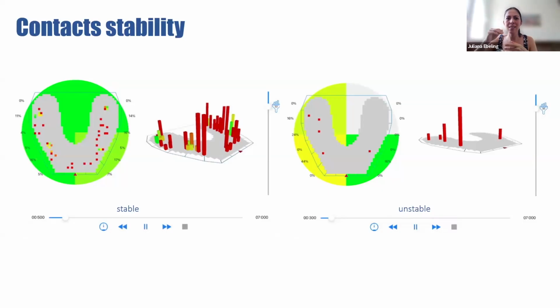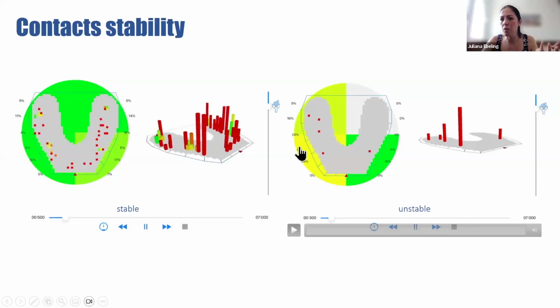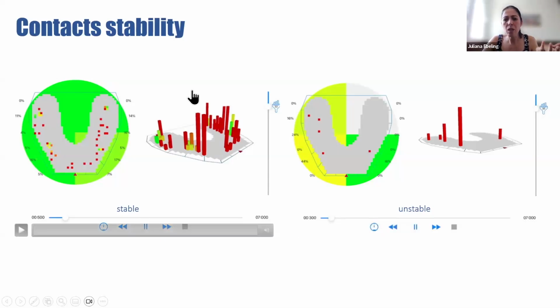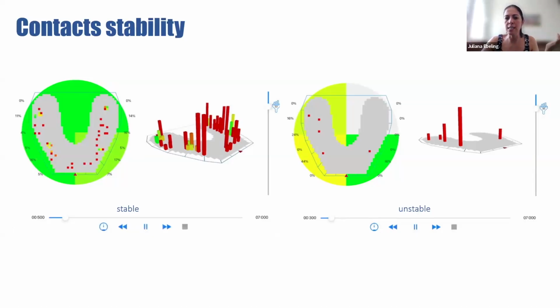This makes a red light flash, because you are in front of an unstable occlusion. Okay, so here, how do you see stable or unstable?